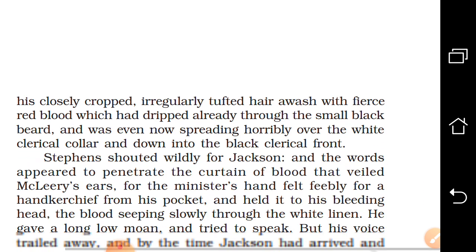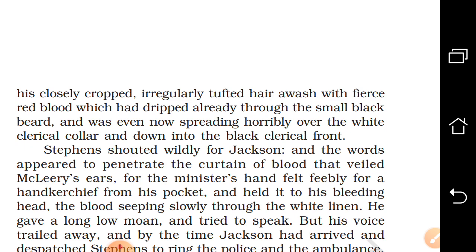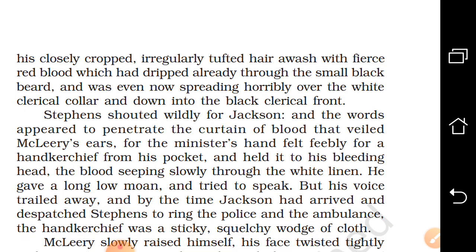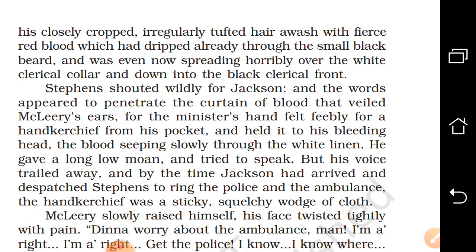Stephens shouted wildly for Jackson, and the words appeared to penetrate the curtain of blood that veiled McClary's ear, for the minister's hand felt feebly for a handkerchief from his pocket and held it to his bleeding head, the blood seeping slowly through the white linen. He gave a long, low moan and tried to speak, but his voice trailed away, and by the time Jackson had arrived and dispatched Stephens to ring the police and the ambulance, the handkerchief was sticky, squelchy wads of cloth.